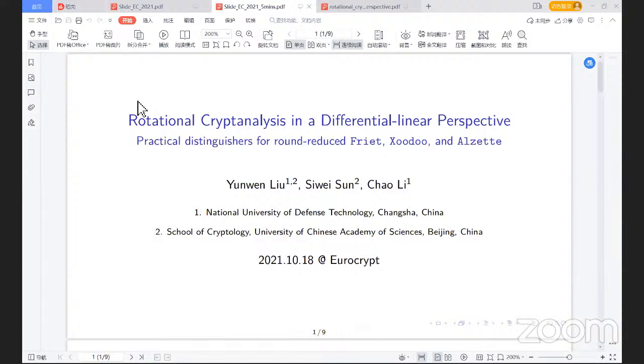Good evening, everyone. I am Yunwen, and this is a work on rotational cryptanalysis from a differential-linear perspective. It is a joint work with Siwei Sun and Charlie.